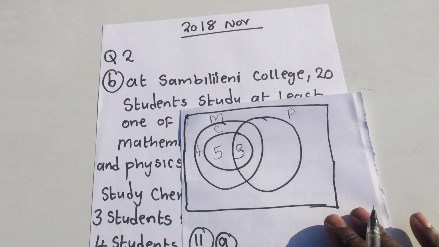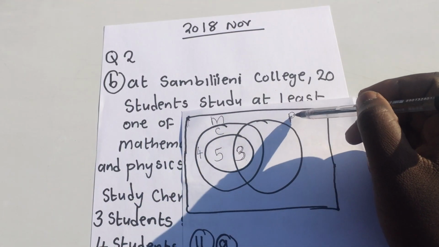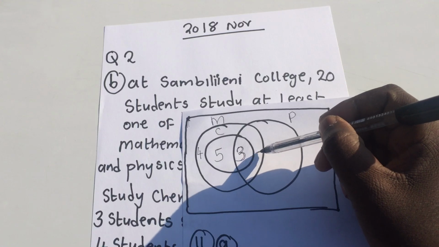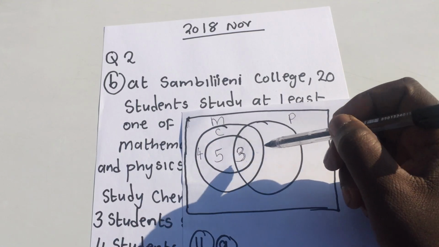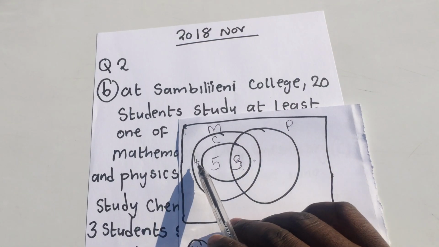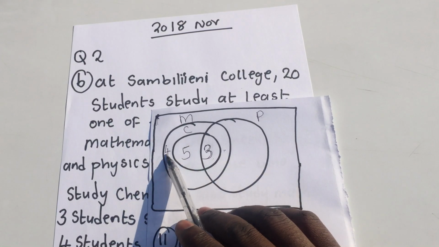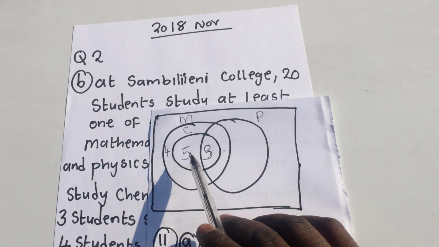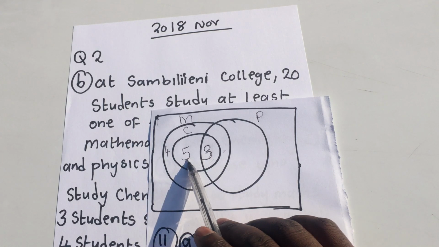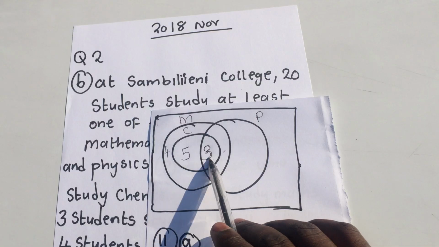Now, how are we going to find the number which is found here, for the people who study maths and physics? So you add all the numbers, which is 4 plus 5 plus 3. 4 plus 5, it's 9. 9 plus 3, it's 12.